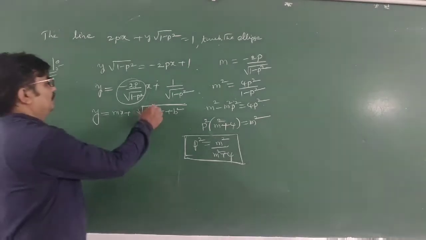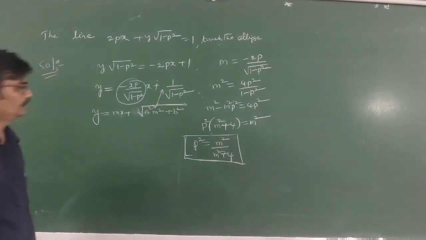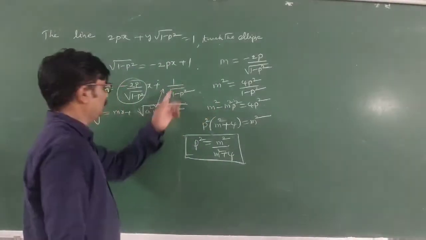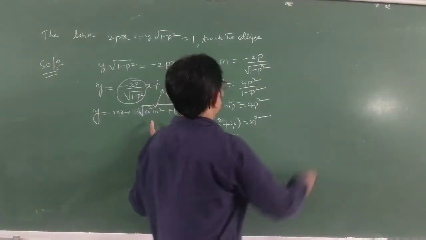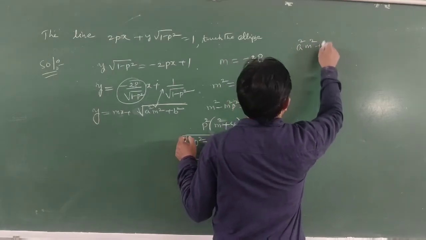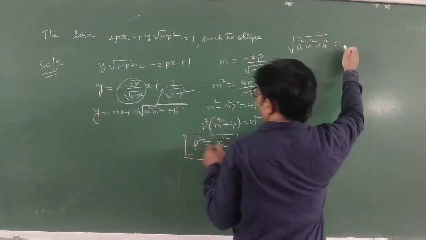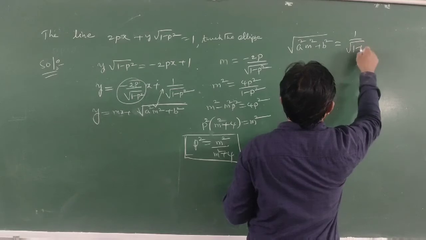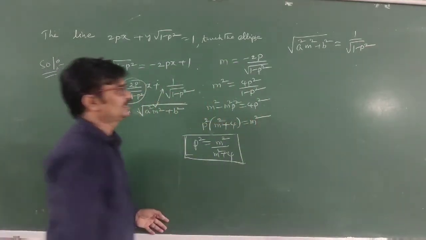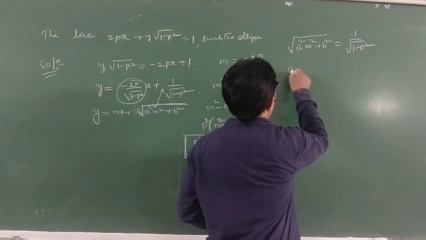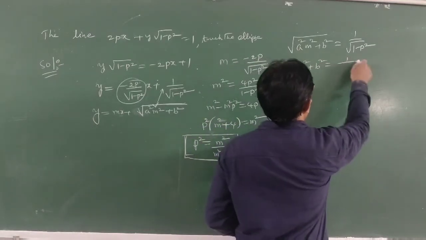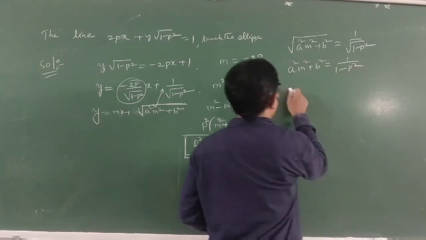Now students, when we have to compare this one, what we observed here is a square m square plus b square equal to 1 upon root of 1 minus p square. So when we are squaring on both sides, a square m square plus b square is 1 minus p square.